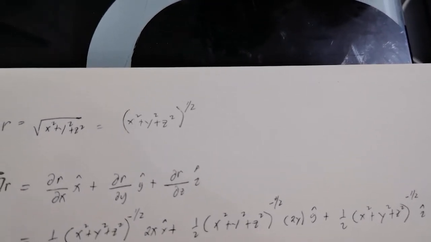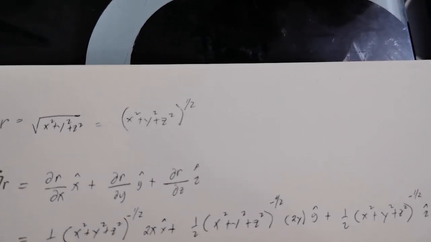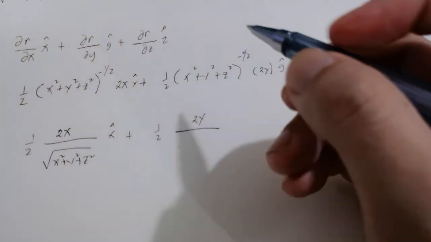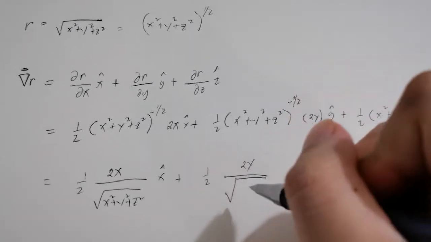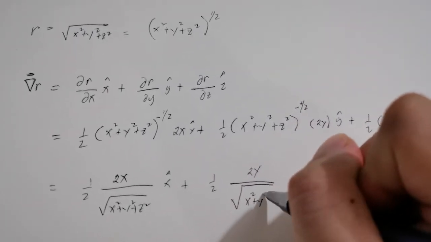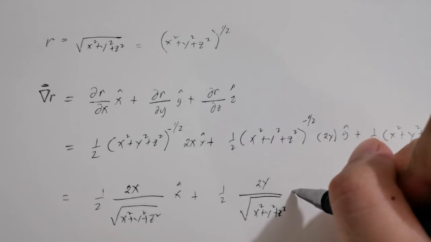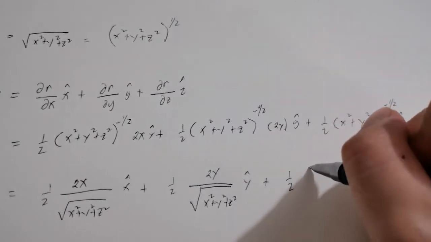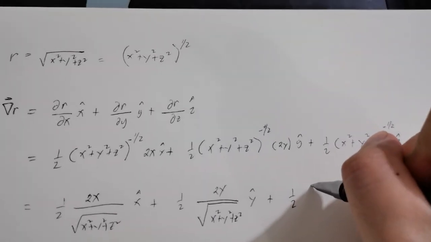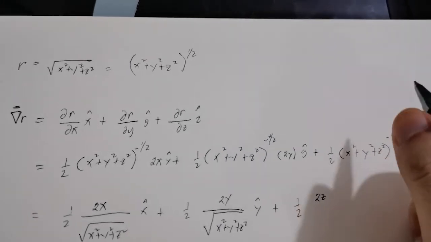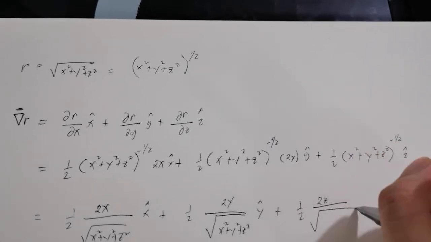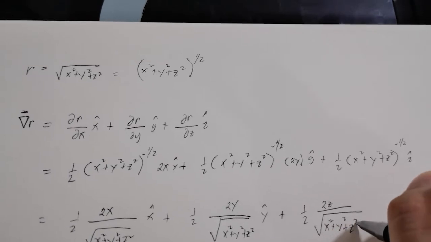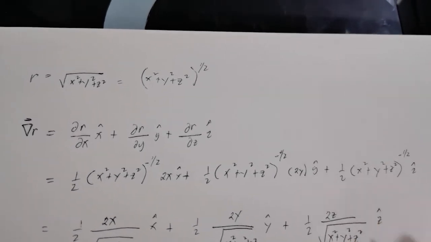Then we have the unit vector x hat plus 1/2, then we have 2y over the square root of x squared plus y squared plus z squared, then y hat plus 1/2 times 2z over the square root of x squared plus y squared plus z squared, and then z hat.